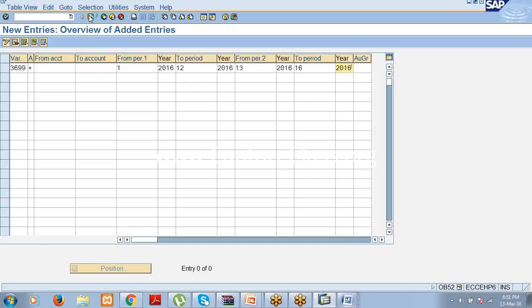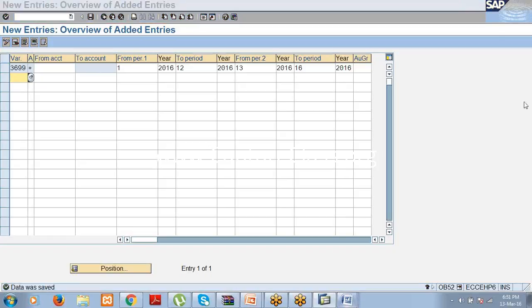So in our example, we have opened all the 12 normal periods and all the 4 special periods. Right? Click on save.